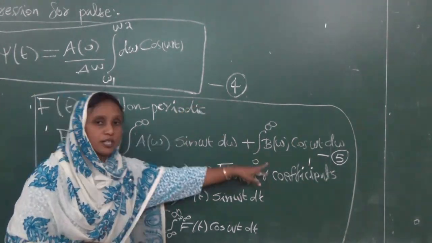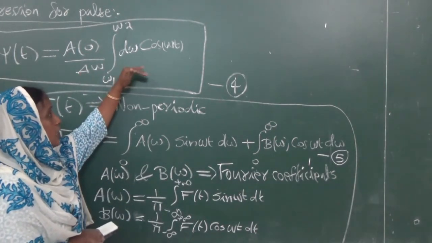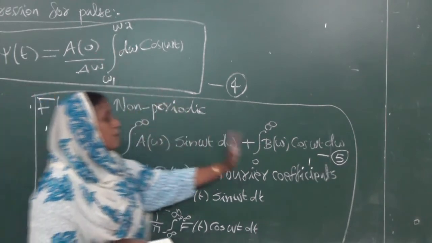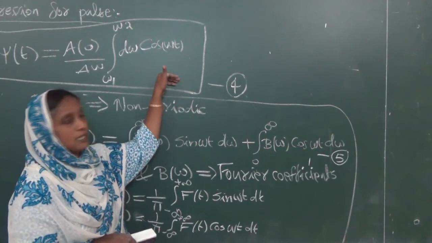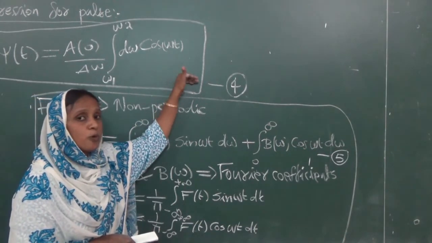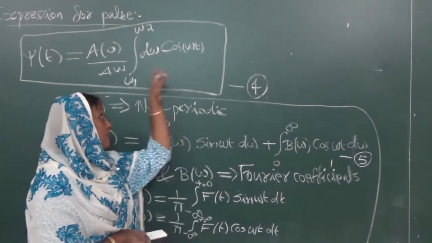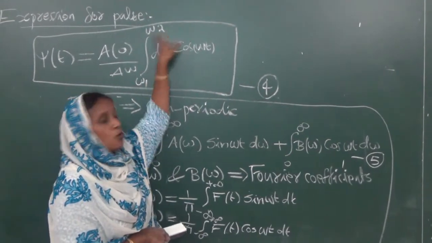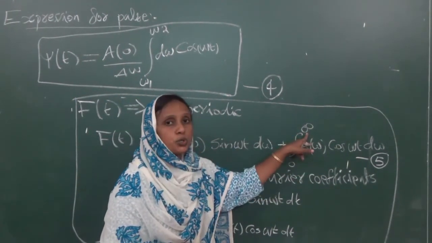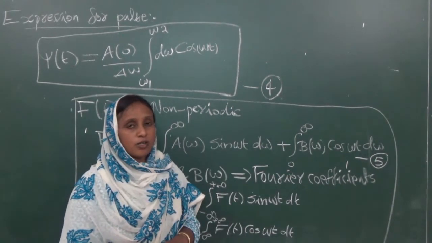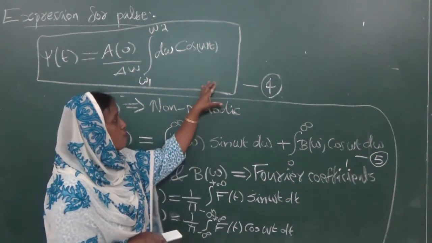Yes, you can see that equation 4 contains only the second part, the cosine series. It represents a continuous superposition of cosine functions, with frequencies varying from omega 1 to omega 2. In the Fourier integral, the frequencies lie from 0 to infinity. So, we can compare these two equations, equation 4 and 5.